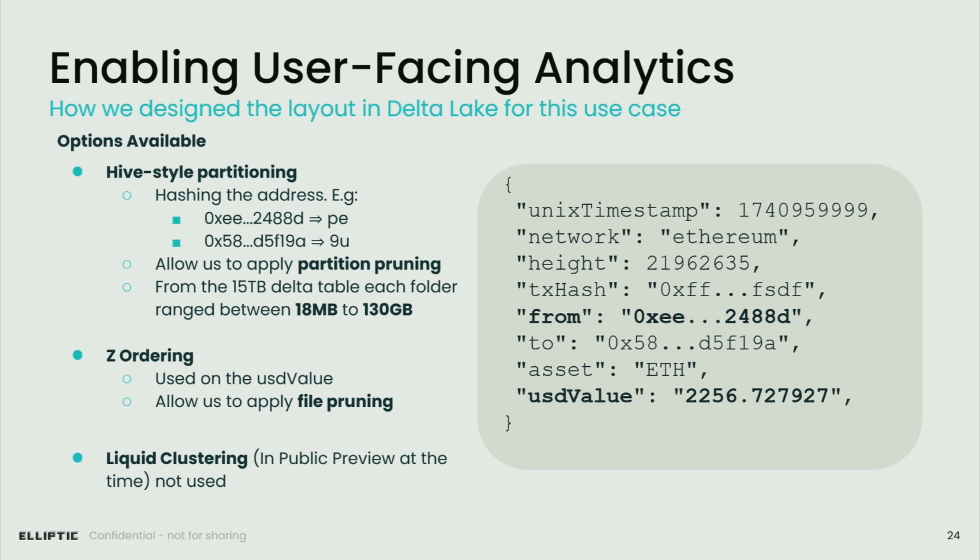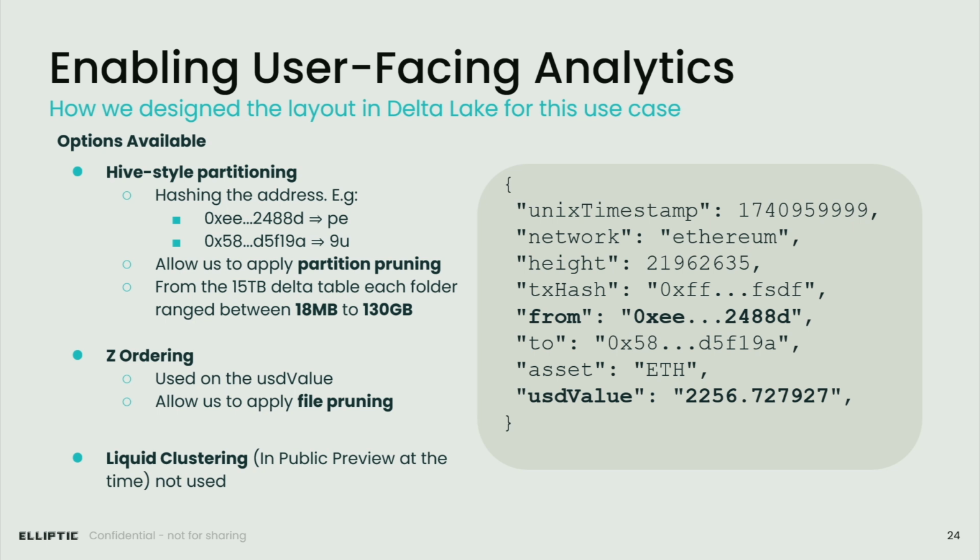This is a very common combination when working with big tables because they complement each other. Hive-style partitioning is really good for low cardinality columns, and Z ordering handles high cardinality columns, such as USD value, very well.